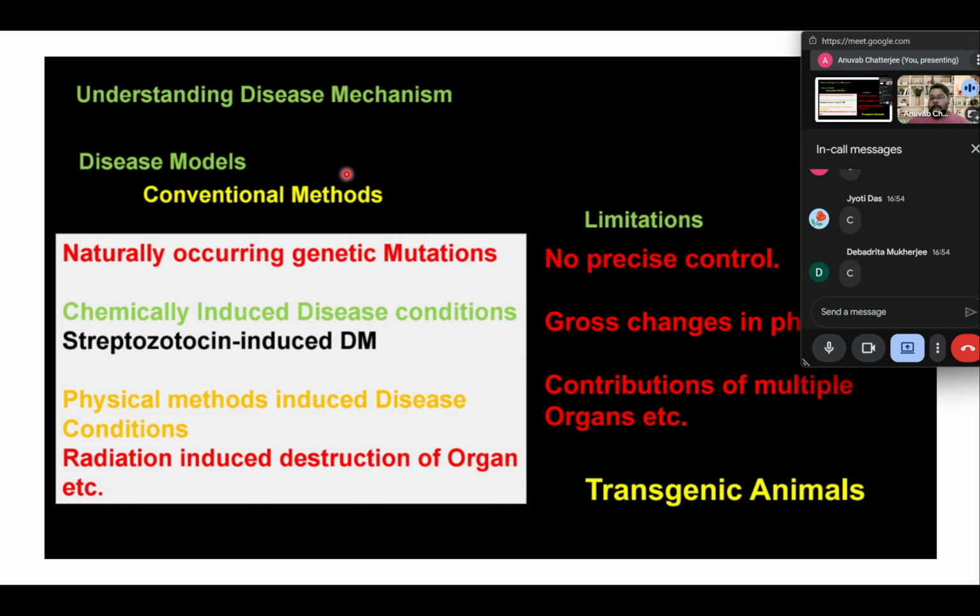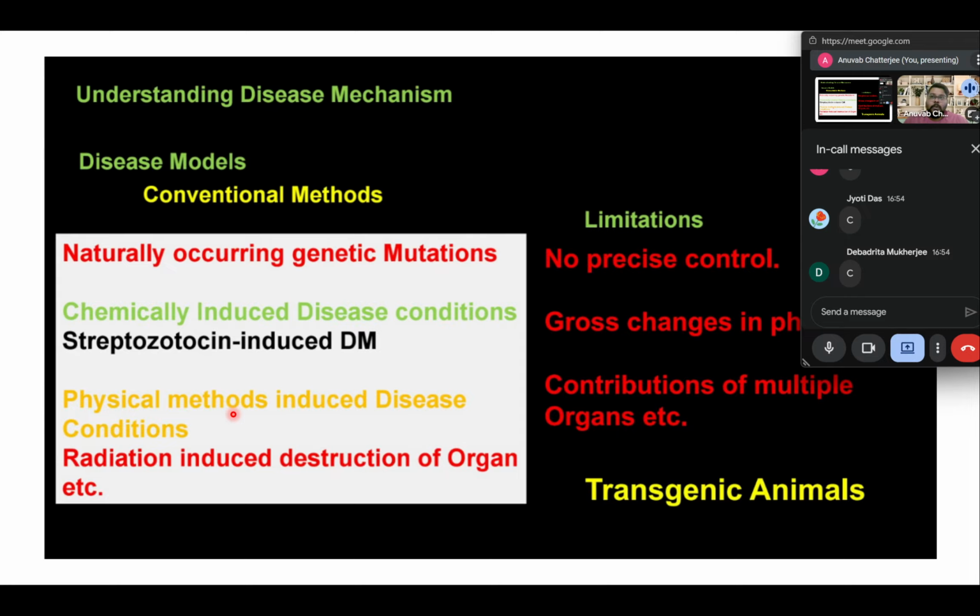Normally, if you want to study diseases, you have the following conventional methods, which are naturally occurring genetic mutations. Say a particular person has a type of cancer, you look at the genetic mutations that cause the cancer. You chemically induce the disease conditions in mice or some other organisms, such as streptozotocin-induced DM.